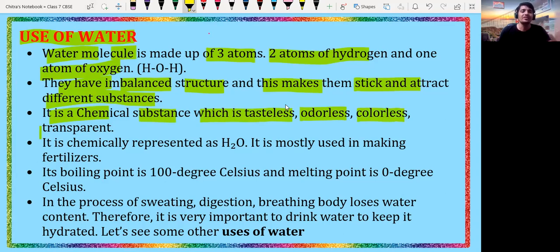That means it is a transparent chemical substance. It is chemically represented as H2O. So H2O is the representation of the water molecule.